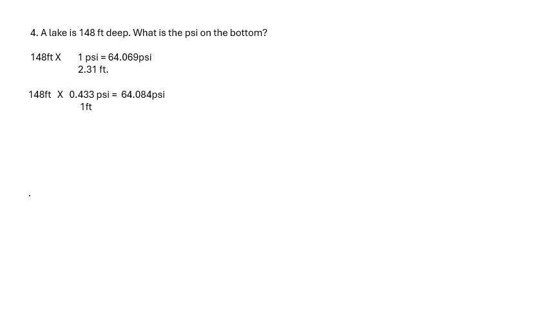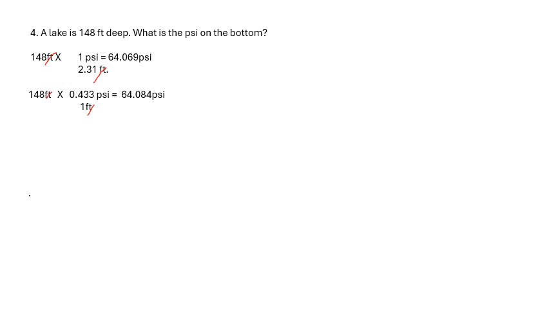I did want to show the slight variance when you do these math problems. So your feet are still canceling out because it's on the bottom, right? But before you round, when you divide by the 2.31 foot, you get 64.069 PSI.